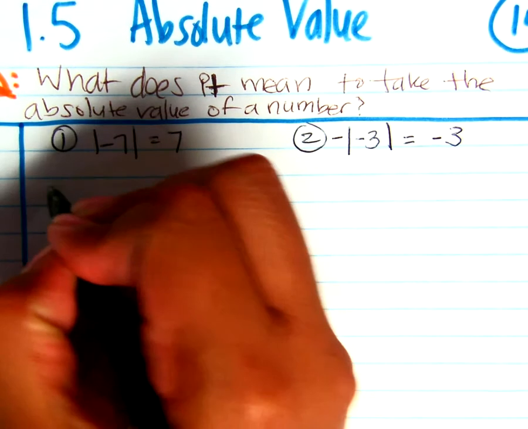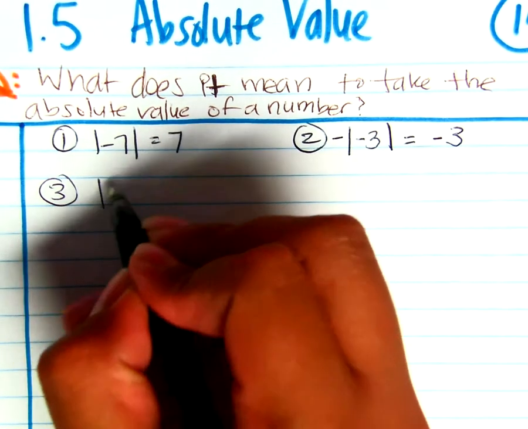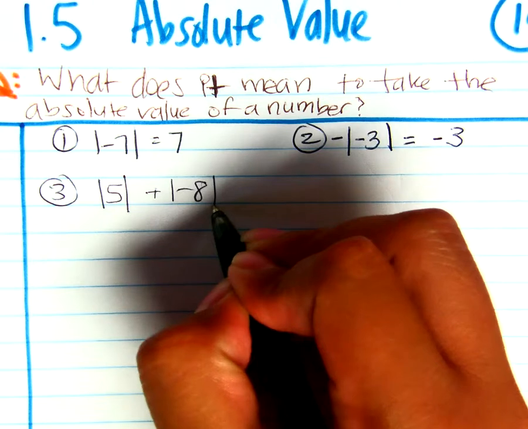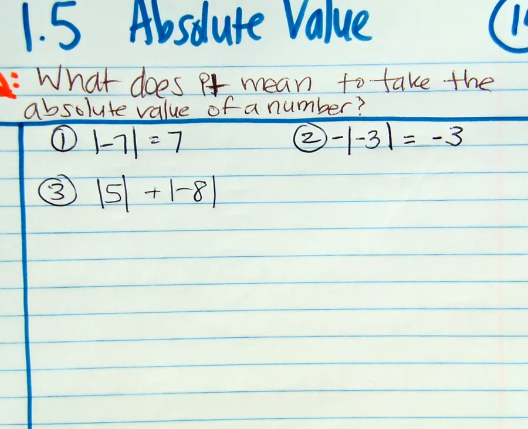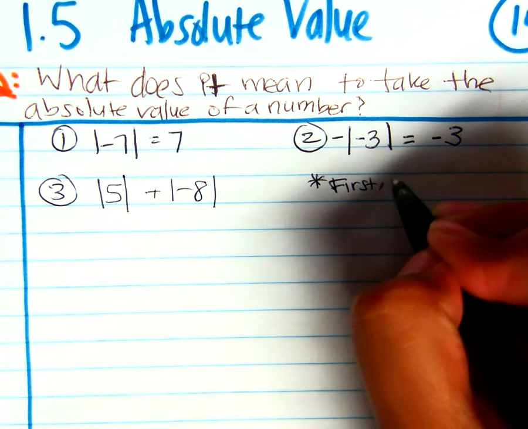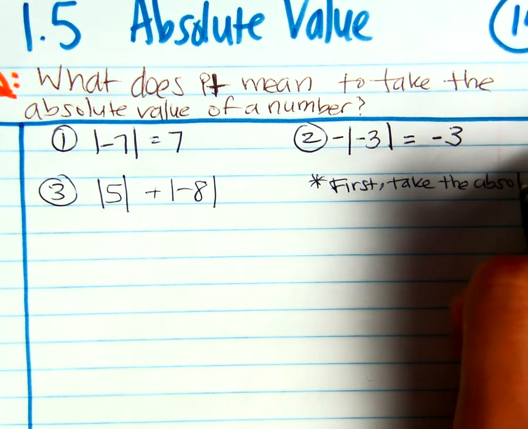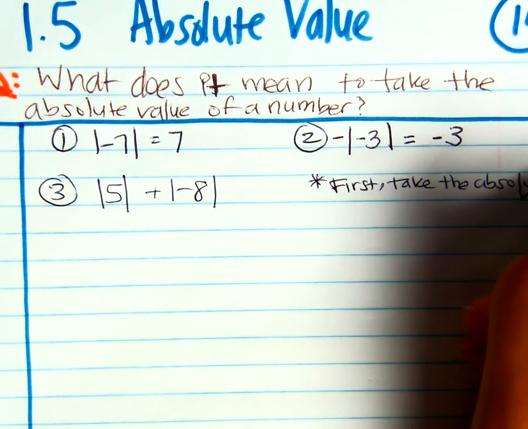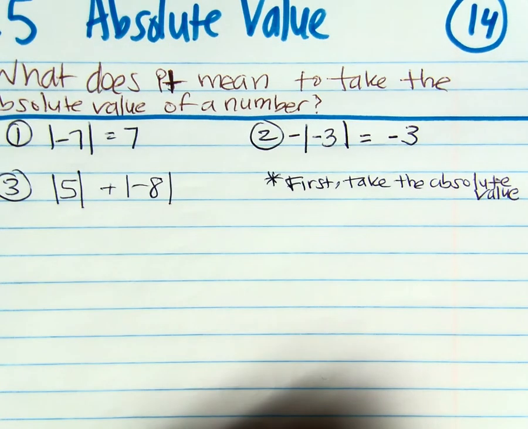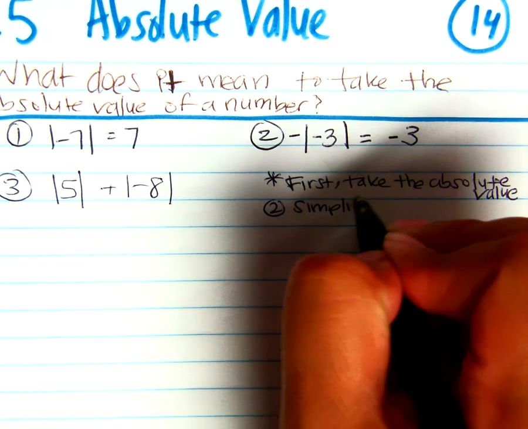And number 3, we're going to take the absolute values and we're going to start adding them, okay? So first we're going to take the absolute value, and then second we're going to simplify.